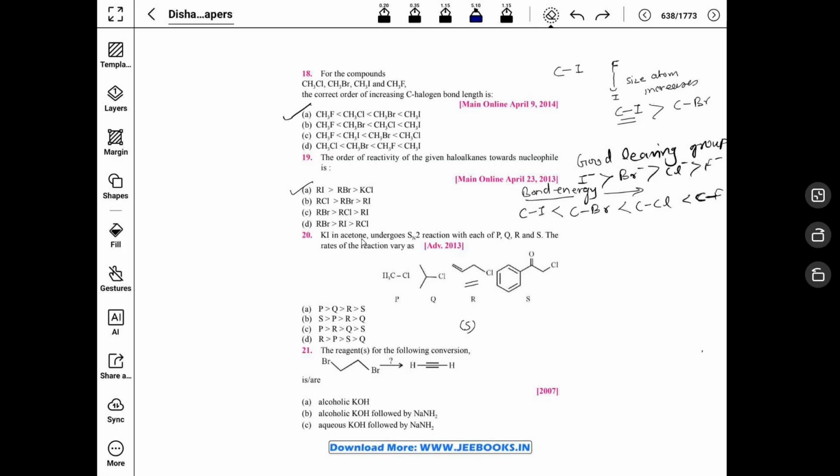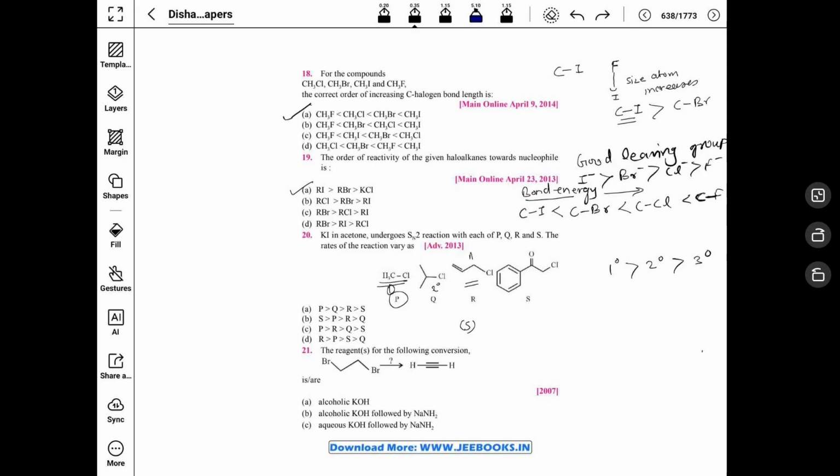We know that potassium iodide in acetone follows the SN2 pathway. Following the SN2 pathway, primary alkyl halides react faster than secondary alkyl halides, and then tertiary. Here this is not even primary. So this should react faster as compared to Q, because this is secondary, and this is allylic.